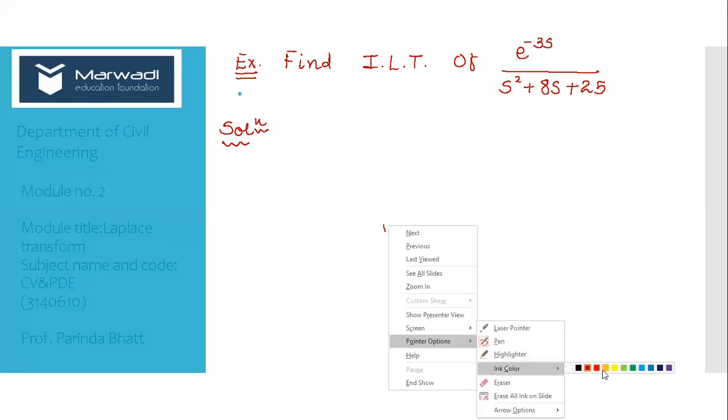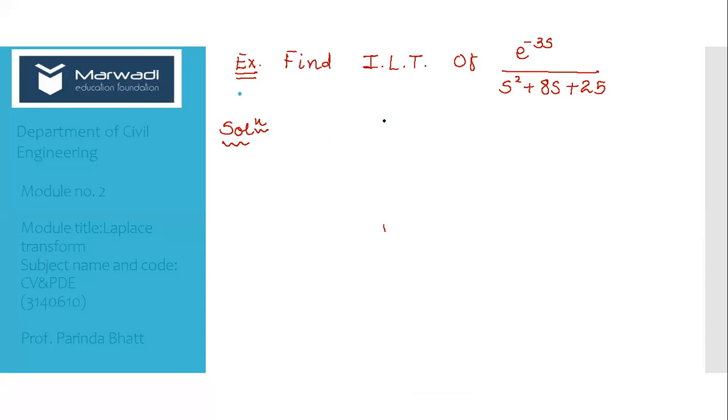Okay. Here f of s is equal to 1 by s square plus 8s plus 25.